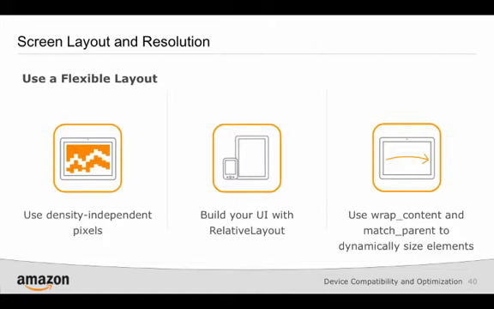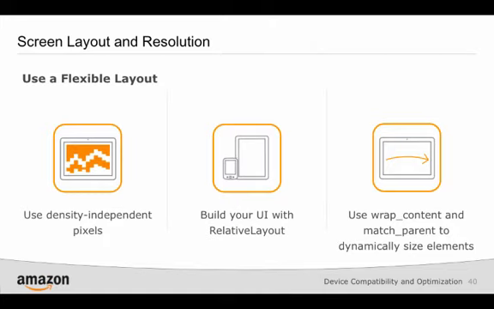The density pixel units have a baseline of 1 pixel per inch on a 160 pixel per inch, or MDPI, device, but are automatically scaled at runtime for devices with higher screen densities. Please remember to use scalable pixels when scaling your text. This way, the user choice of text size is reflected on the screen.